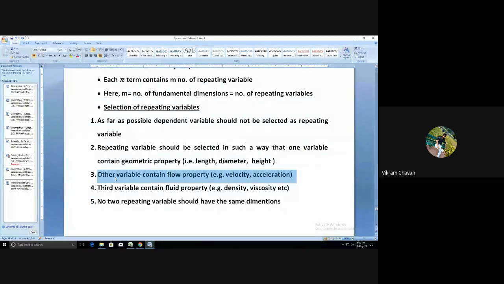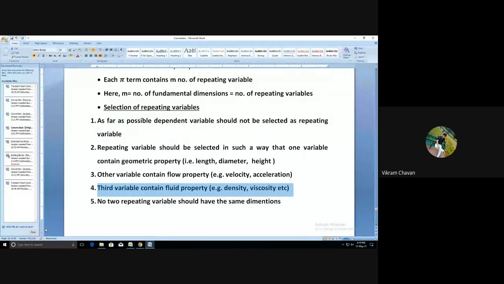Fourth, the third variable contains a fluid property.